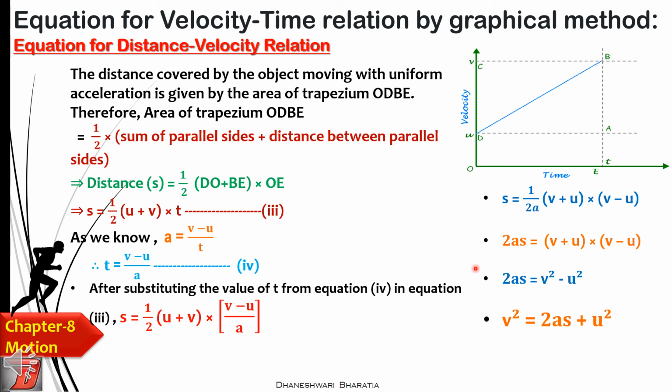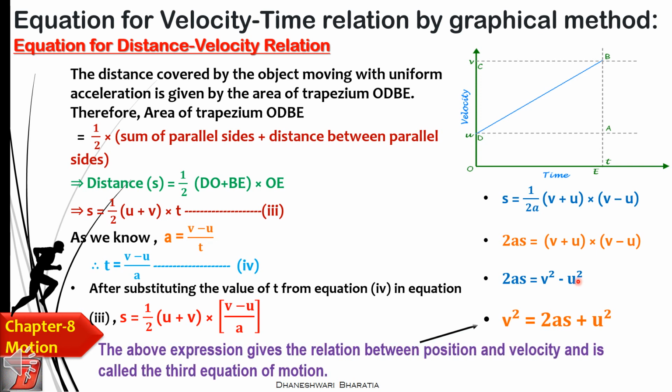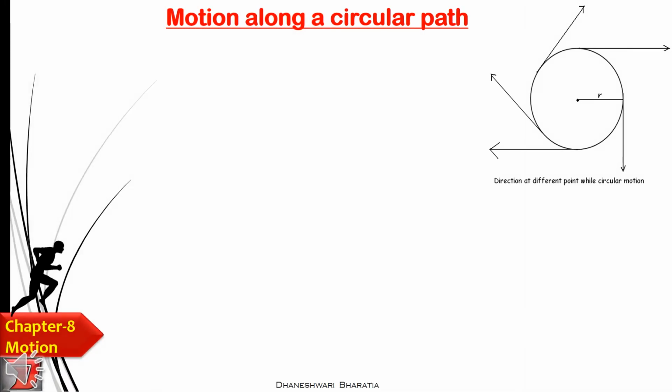I think this will be easier for you to remember. Okay. So this is the third equation for the distance velocity relation, known as the relationship between position and velocity, and it is called the third equation of motion. Am I clear, beta?